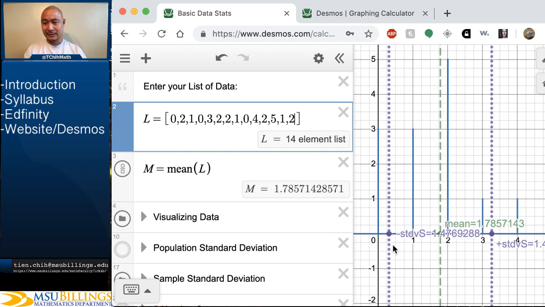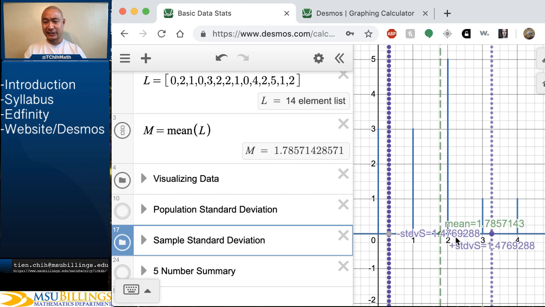Without the 25, my standard deviation drops down to 1.4 something, and my mean drops from 3.3 something down to about 1.8. That's a big drop, right? So this one data point in our data set really screws up our mean and standard deviation.